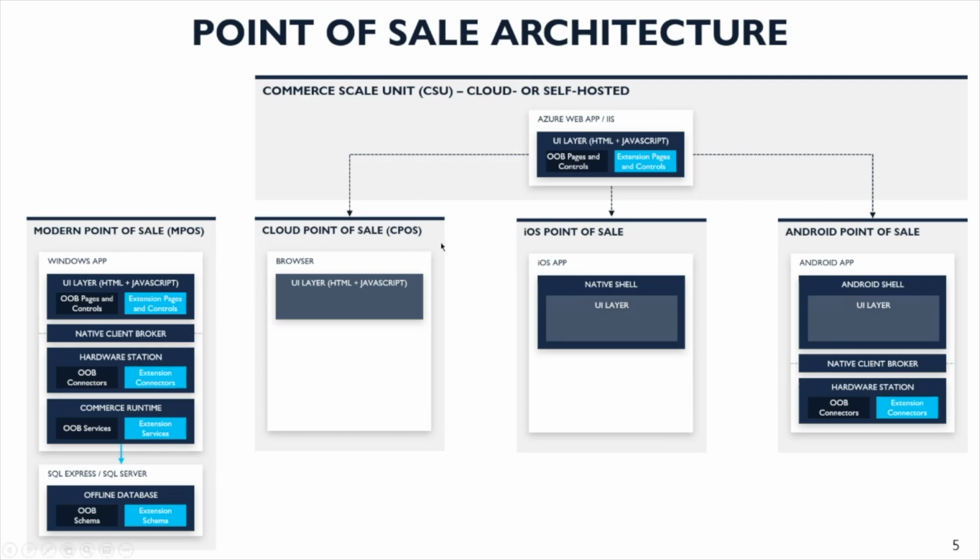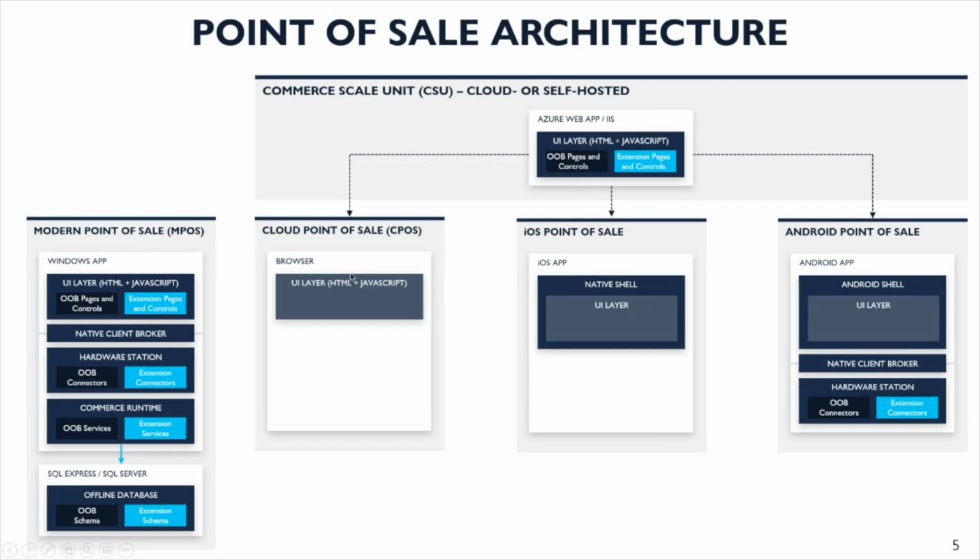The first one, as I talked about, is the cloud point of sale, which connects to the web service or web app hosted in the CSU. Then we have the other two versions, the iOS point of sale and the Android point of sale, which in the SDK are called the hybrid app. Both the iOS and Android apps are just a shell; internally, they render the cloud point of sale.